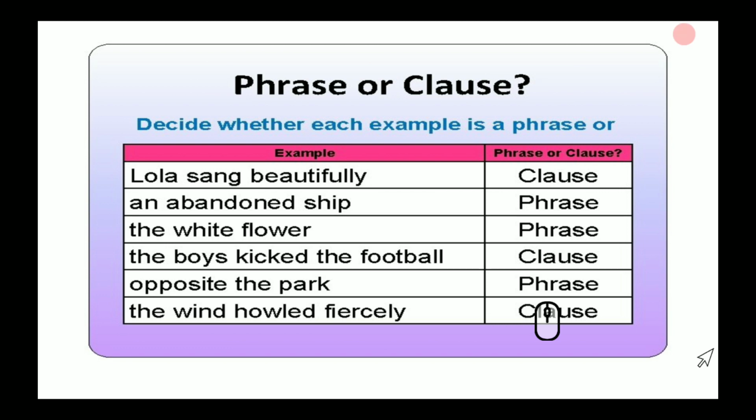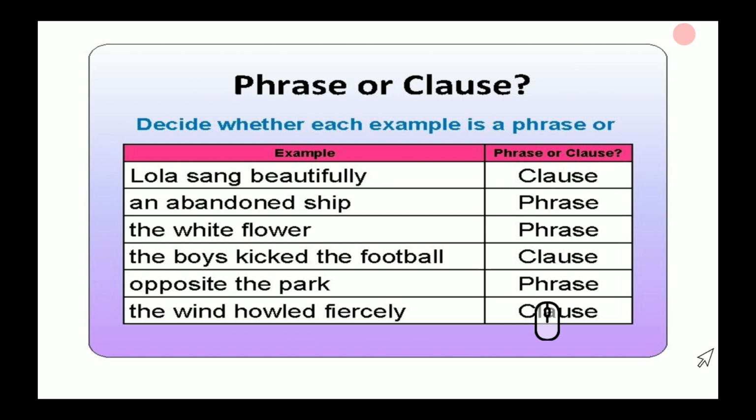"An abandoned ship" is a phrase. These are a group of words, but they are telling us something. "The white flower" is again a phrase. Phrases, as we have studied, can also be groups of words that make sense together.